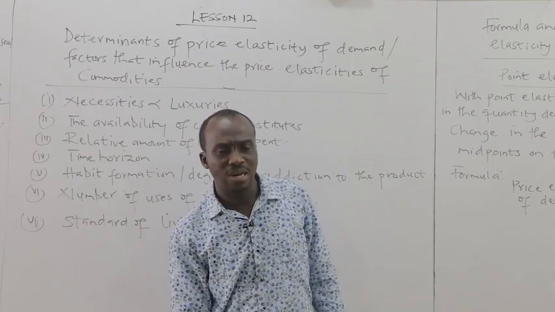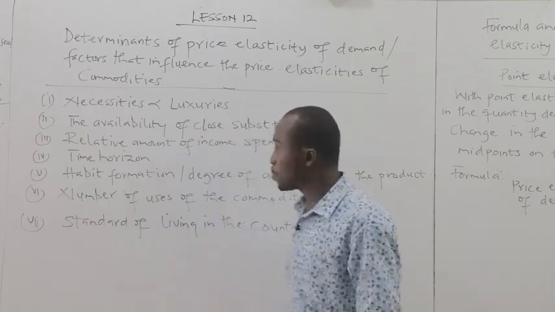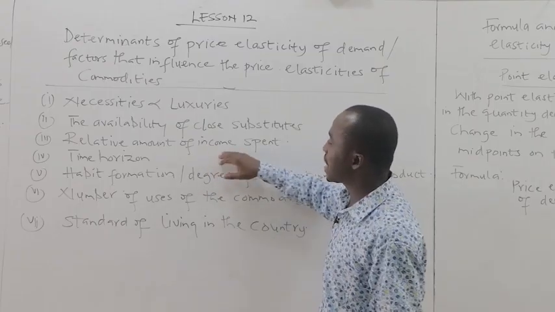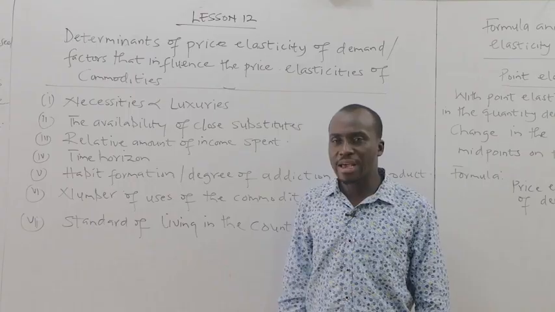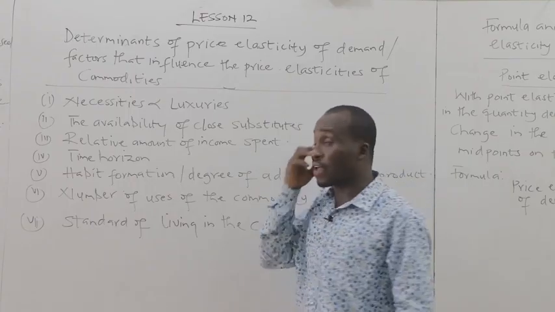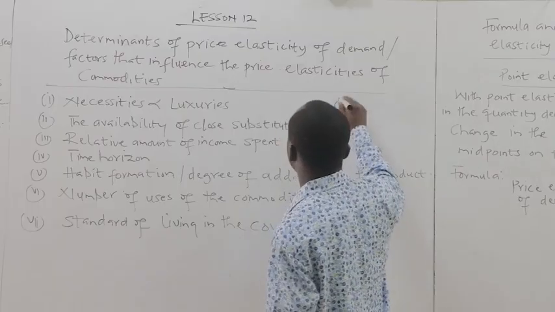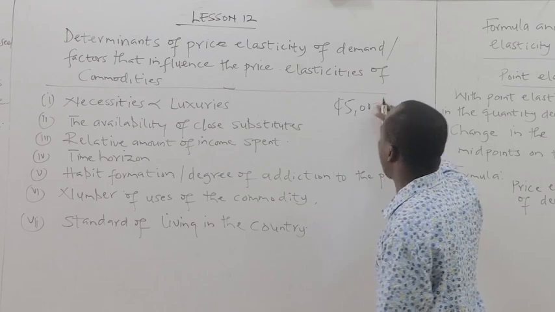Those who are into business, who want to enter into business, and government tax experts, it's very important for them. Another factor is the amount of income spent. How much of your income do you spend on the commodity? Let's assume that somebody who earns 5,000 Ghana cedis is going to buy a pen.